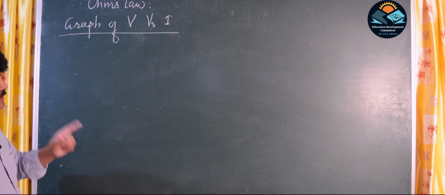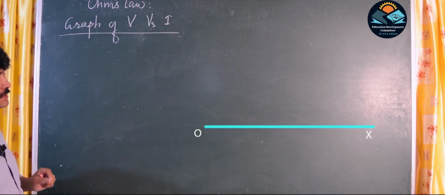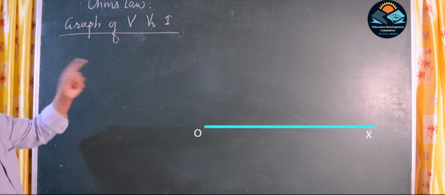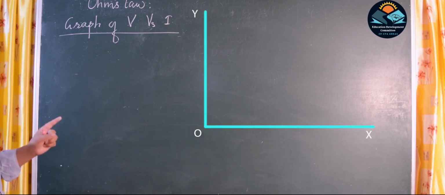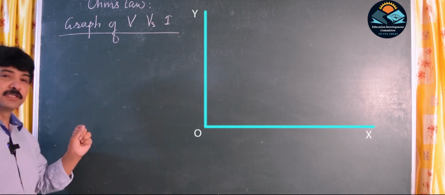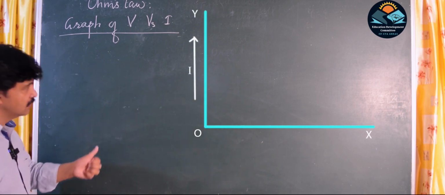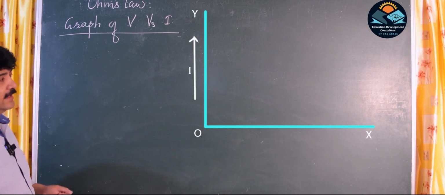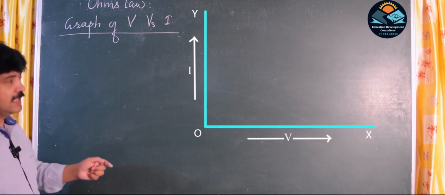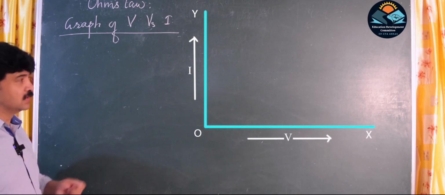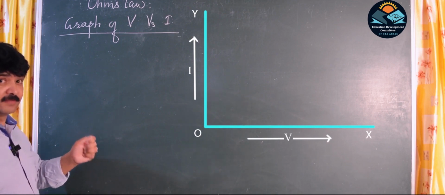Now that is the x-axis, and this one is the y-axis. If we plot the values of current along the y-axis and values of V, the potential difference, along the x-axis, then we get a graph like this.